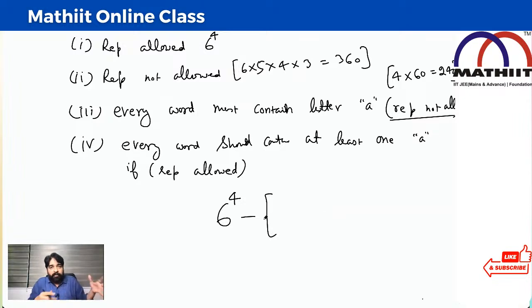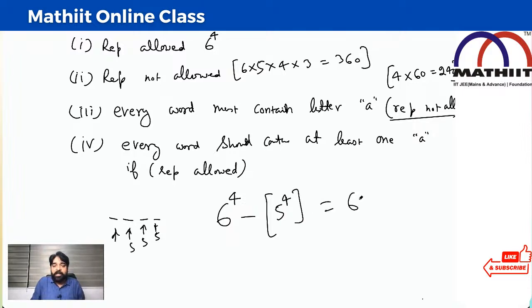How many words are there which do not contain A? So we'll create a new question: 4-letter word, no word should contain A. So this place can be filled in 5 ways, 5 ways, 5 ways, 5 ways, means 5 raised to power 4. The answer will be 6 power 4 minus 5 power 4. I hope it's clear to everybody.